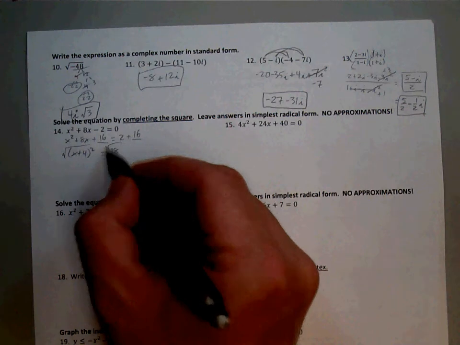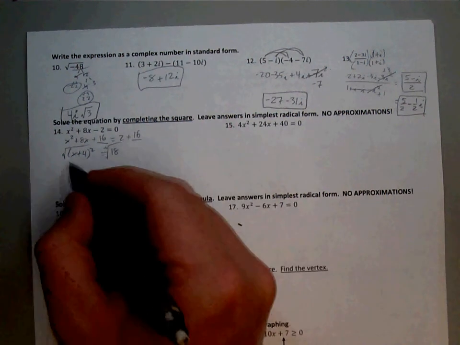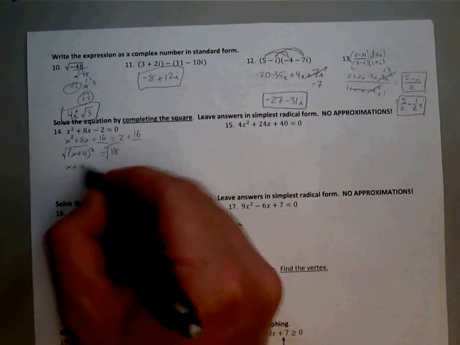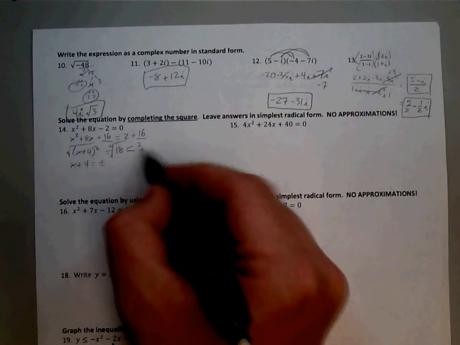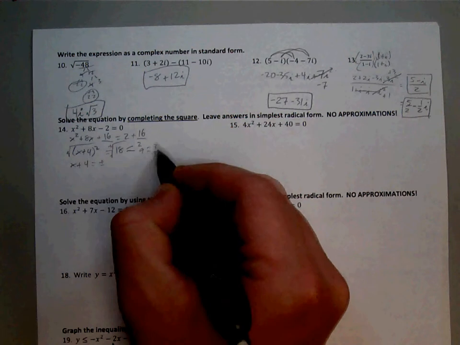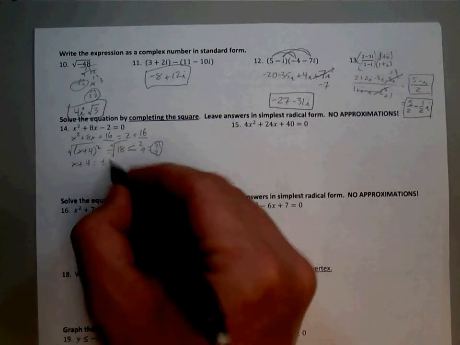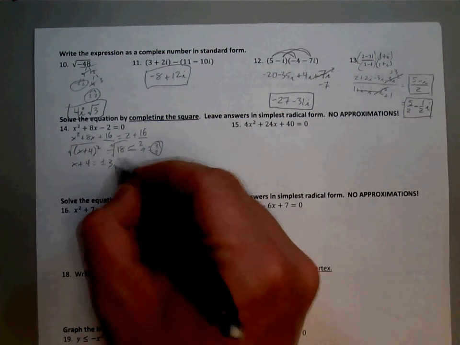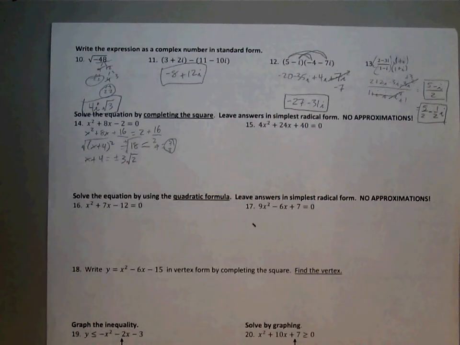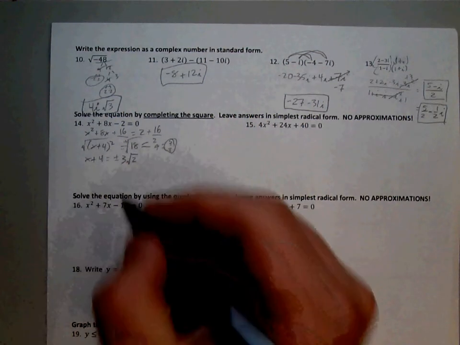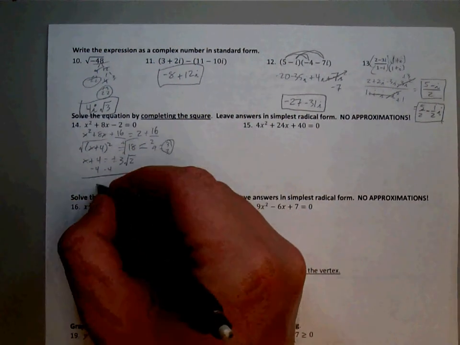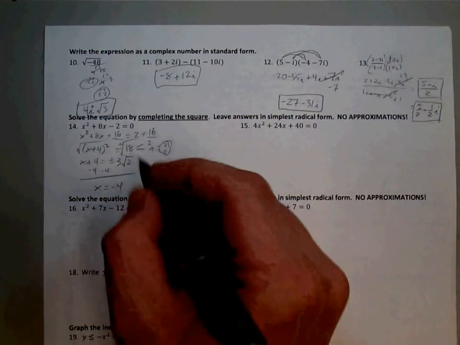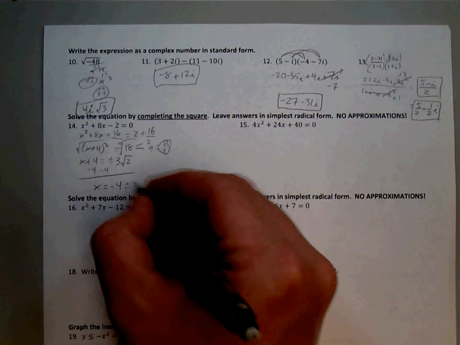So now I square root, plus minus. x plus 4 equals plus minus. If I factor tree 18, I get 2 and 9. 9 goes to 3 and 3, so I have a pair of 3s I get to pull out, with the 2 stuck inside. Don't put the 3 in front of the plus minus. And then finish this off, subtract the 4, but put it in front of the plus minus. x equals negative 4 plus minus 3 square root of 2.